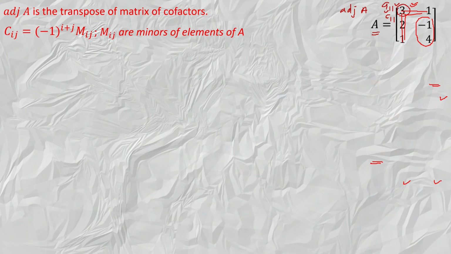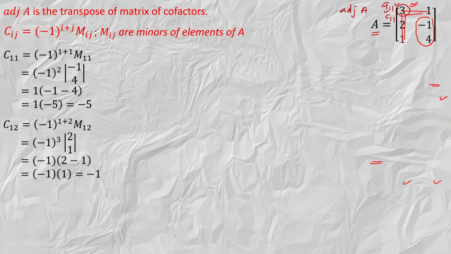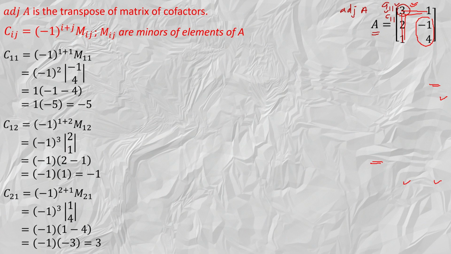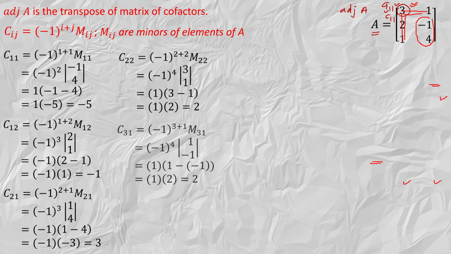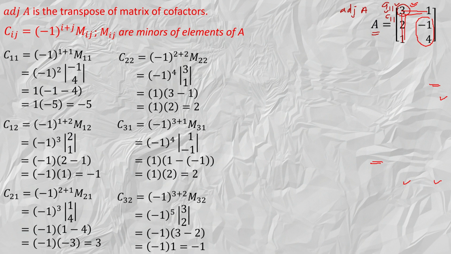So C11 will be -5, C12 will be -1, C21 will be 3, C22 will be 2, C31 will be 2, C32 will be -1. Now we find the adjoint, as the adjoint of a matrix is the transpose of the matrix of cofactors.